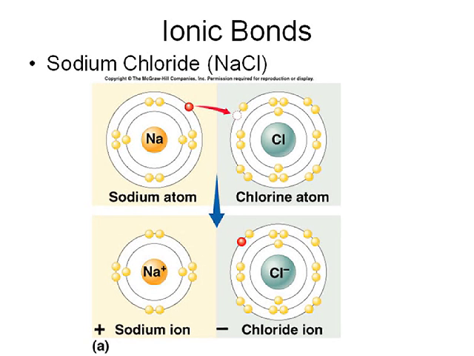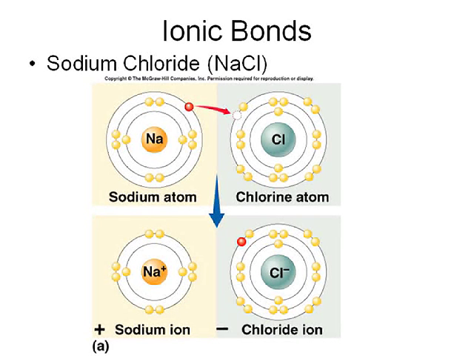Sodium donates 1 electron to chlorine, making it chloride. Now they're very, very happy because they have 8 electrons in their outer energy shell, but sodium has lost an electron. So now it has more protons than electrons, so its charge would be positive. And chloride has gained an electron, so now it has more electrons than protons, and its charge would be negative.